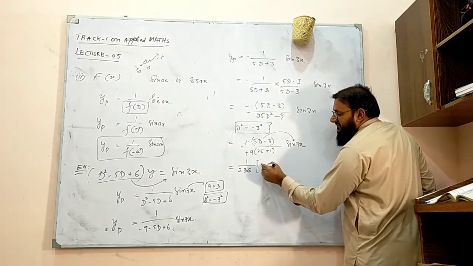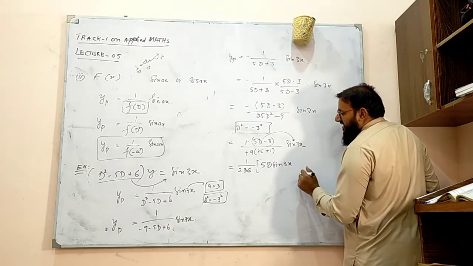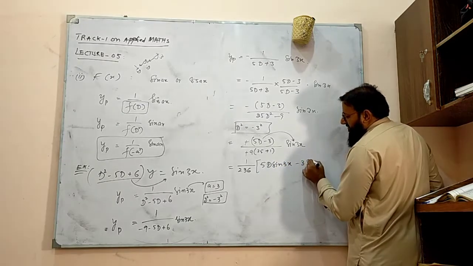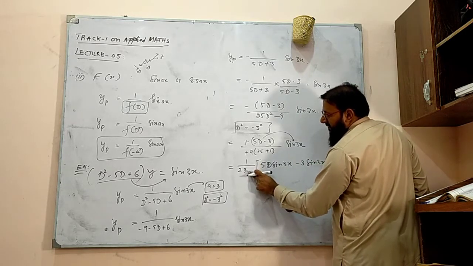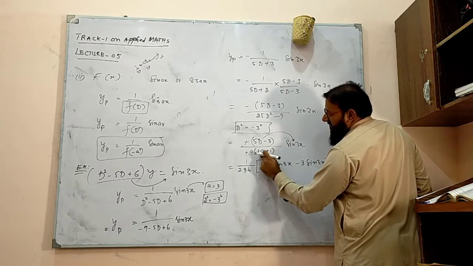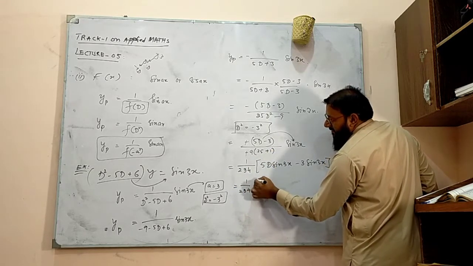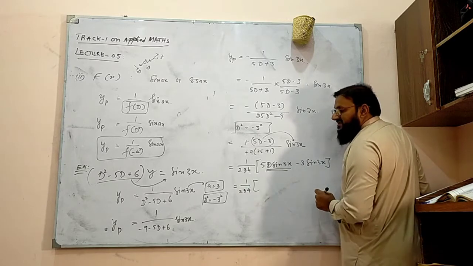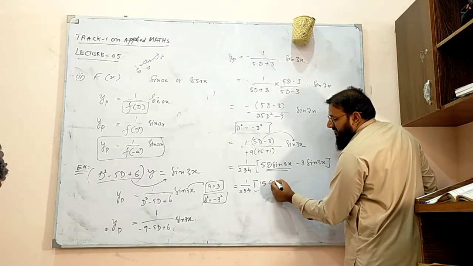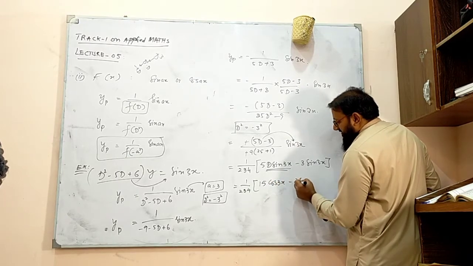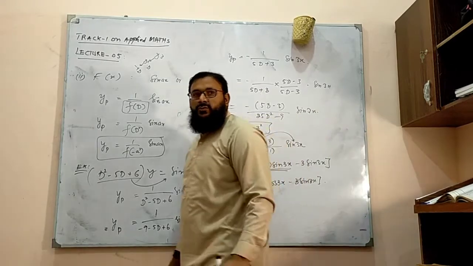And what happens is 5 times d of sin 3x, which means the derivative of sin 3x, minus 3 times sin 3x. So 1 over 234. And the derivative of sin 3x is cos 3x times 3. So 15 cos 3x minus 3 sin 3x. This is what we call yp.